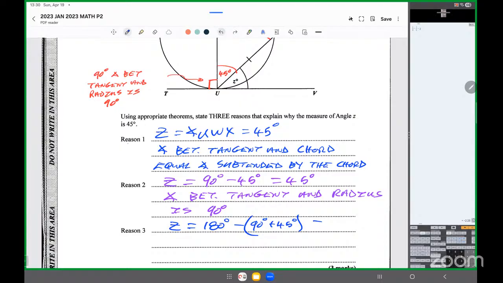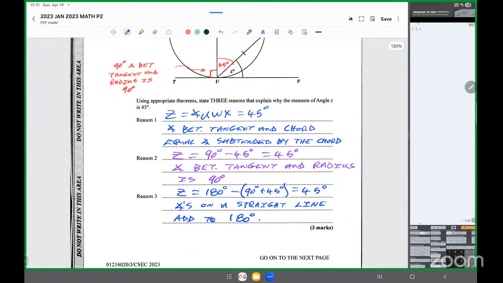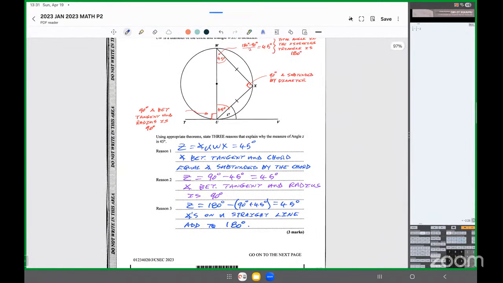It's another 45 degrees, because angles on a straight line add to 180 degrees. Those are the three reasons I give.